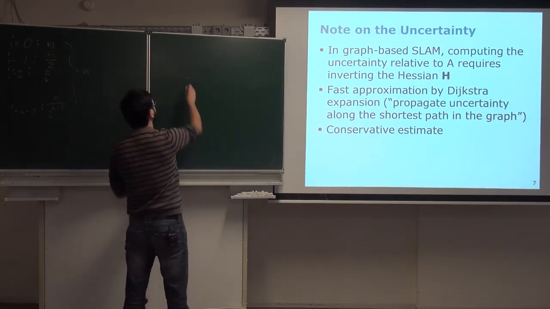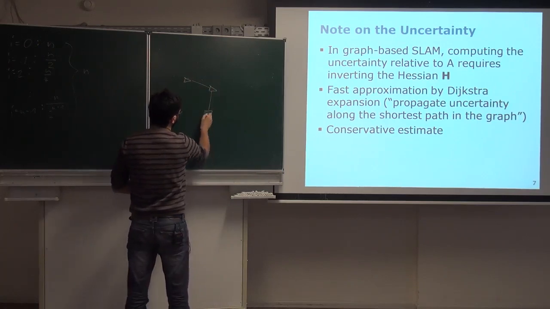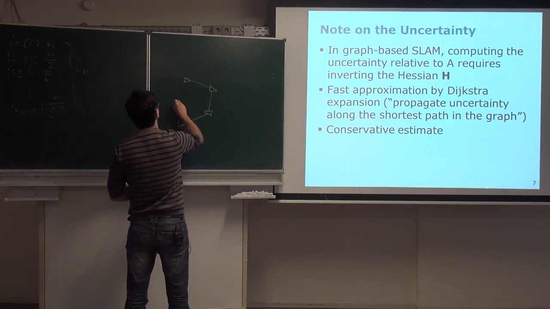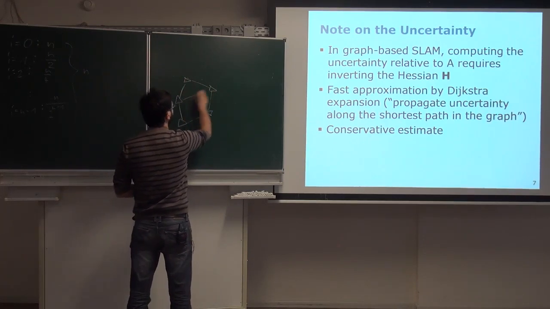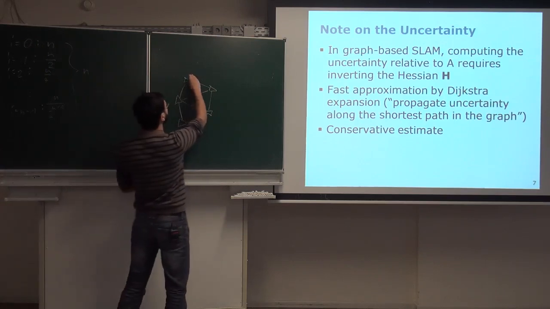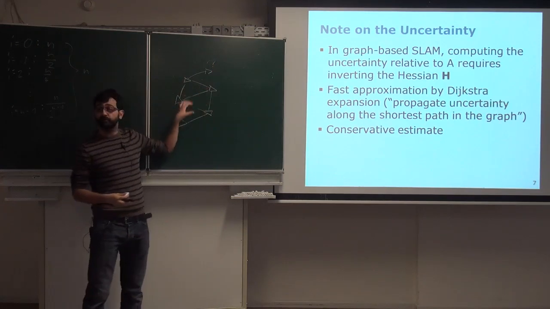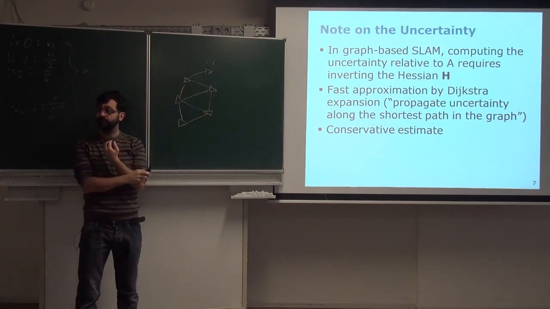So imagine I have now a graph like this with some information in there. And the robot now is moving around and is here and is asking where do I want to match, which one I have to consider?